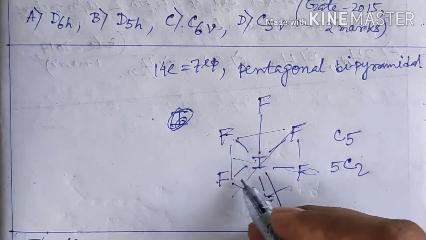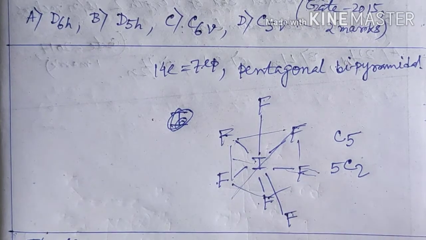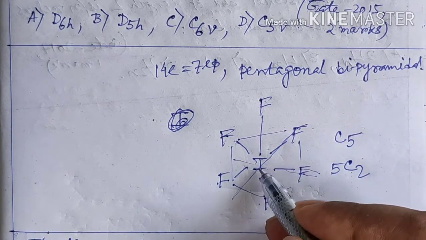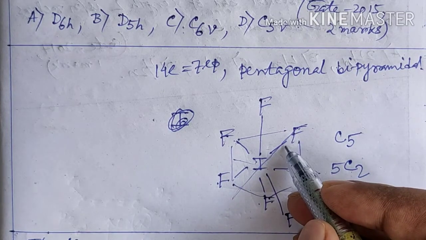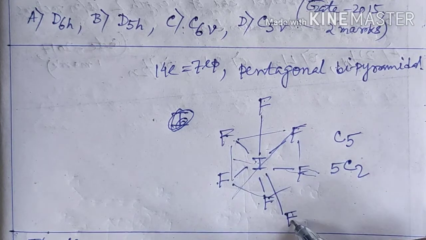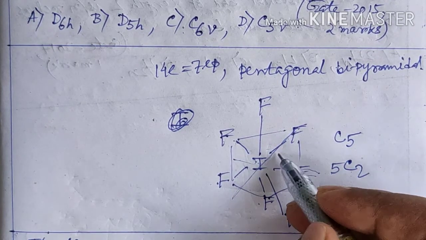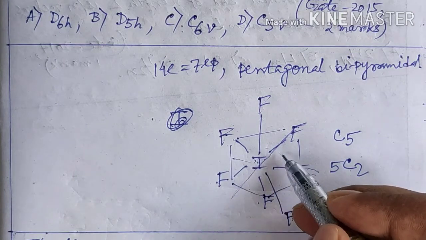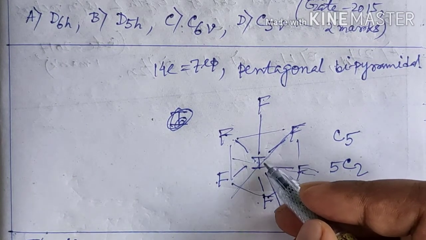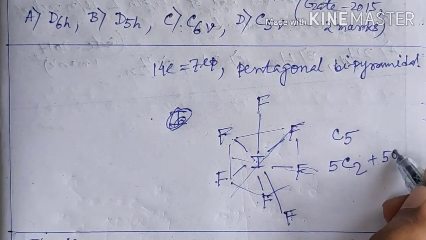That is, for 5 IF bonds there will be 5 C2 axes, and similarly there will be 5 sigma planes along these C2 axes that will contain the iodine and fluorine bond. Since there are 5 iodine fluorine bonds, there will be 5 sigma V planes that will pass along each C2 axis, that is 5 sigma V planes.